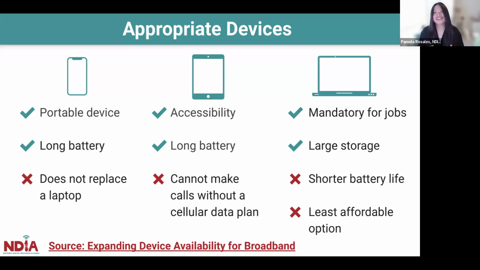Other things to consider outside of these three main devices are other devices, gadgets, and tools that you need to use the internet. That can look like having a second monitor. If you are working from home or even in the office, most of the time you might already have a second monitor, so you understand how essential a second monitor is for doing your job.